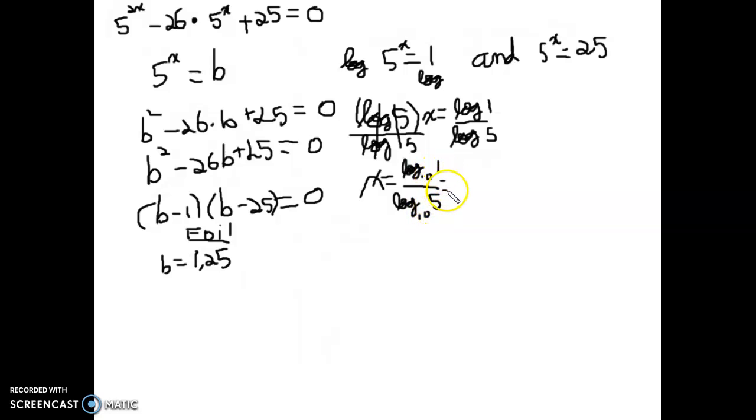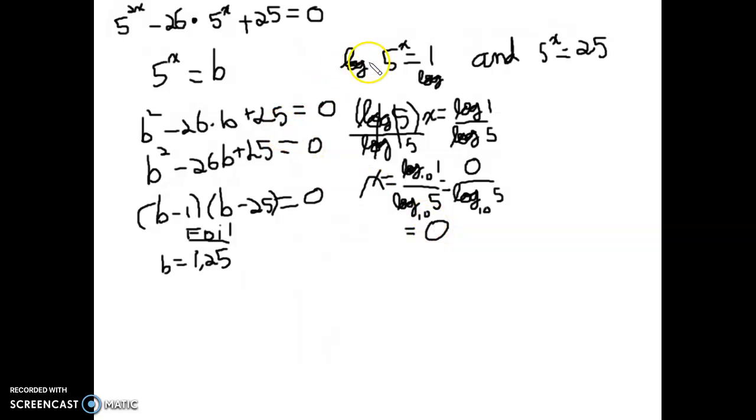And that's essentially equal to 0 over log base 10 of 5, which will therefore give us 0.